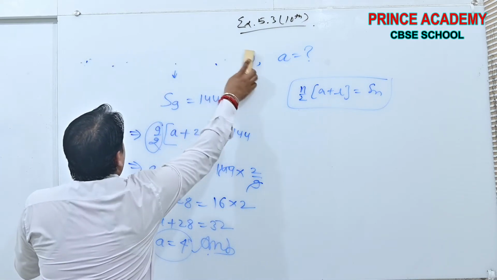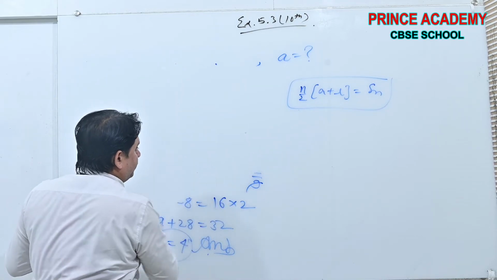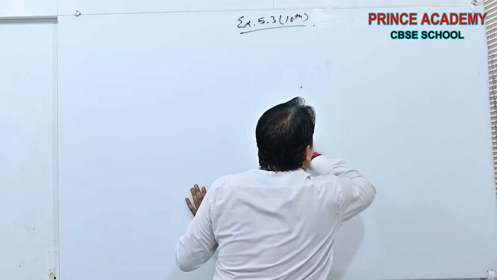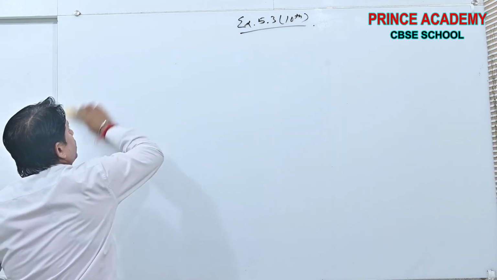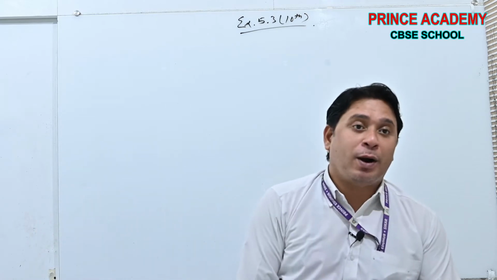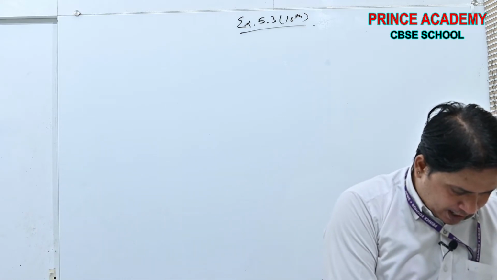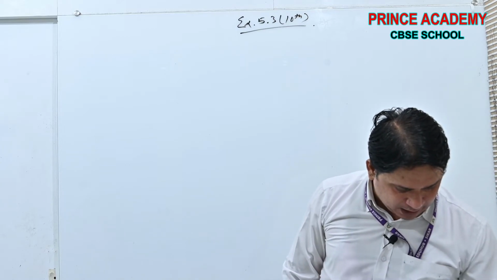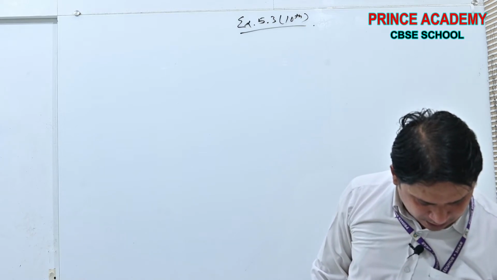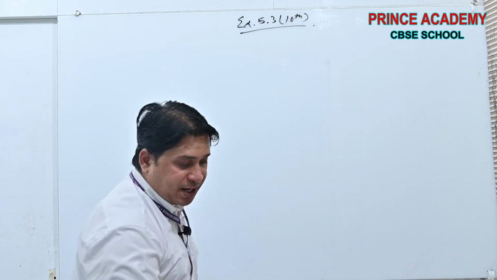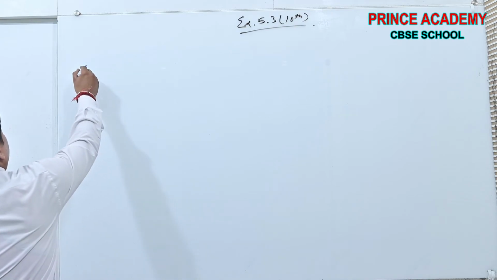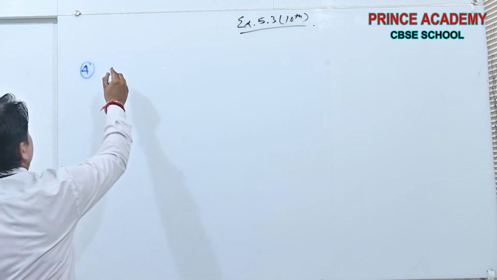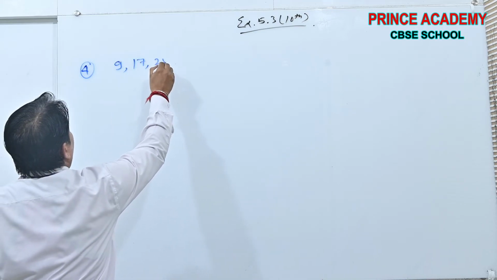Now beta, the next question we are going to solve is question number 4. See what is given in question number 4. Here it is asked: how many terms of this AP will give a sum of 636? See beta, in question number 4, the AP is given: 9, 17, 25, and so on.